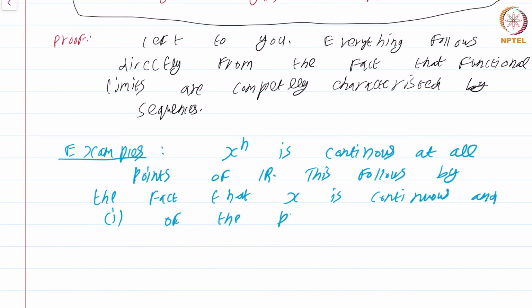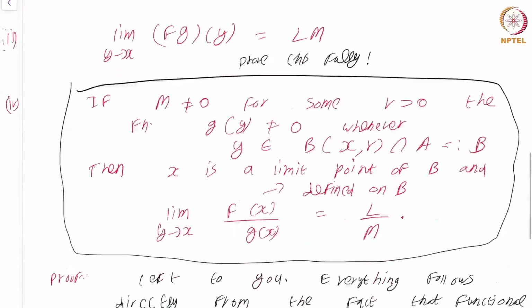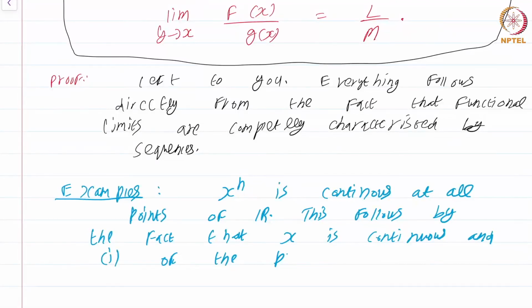Not one, three of the previous theorem. We have already shown that the function x is continuous. Now we have to show that x to the n is continuous. The previous theorem will do the job for us.